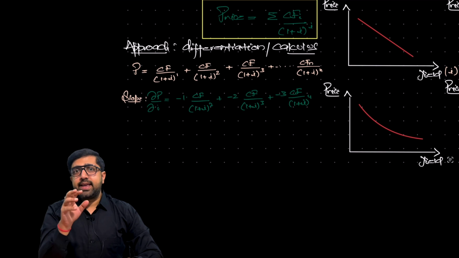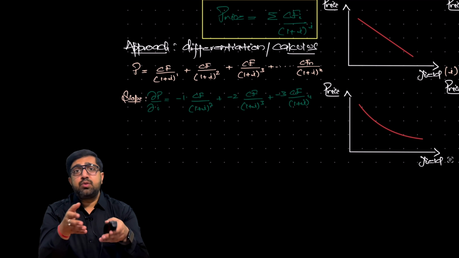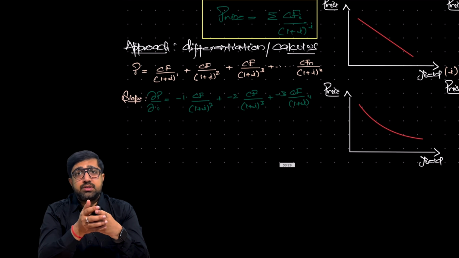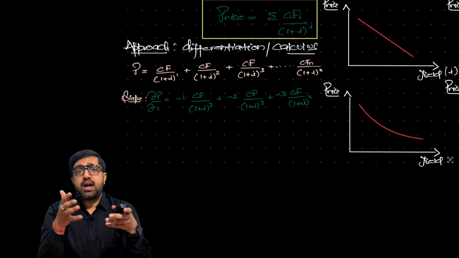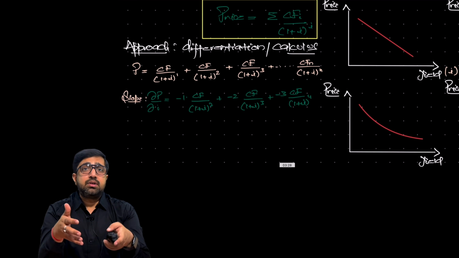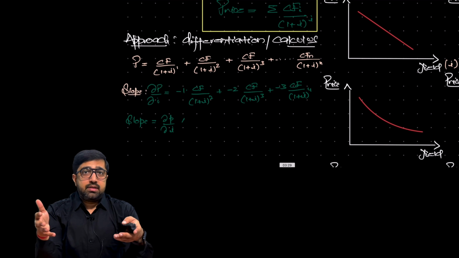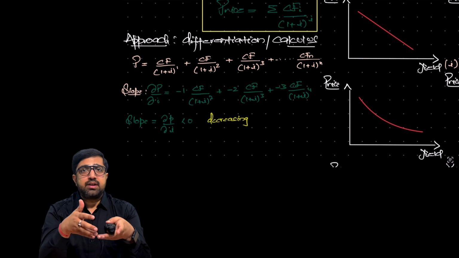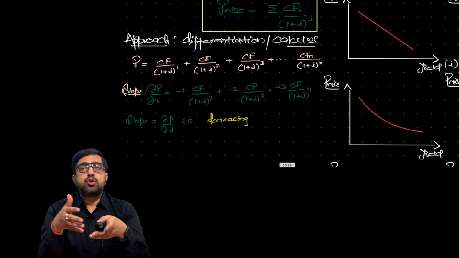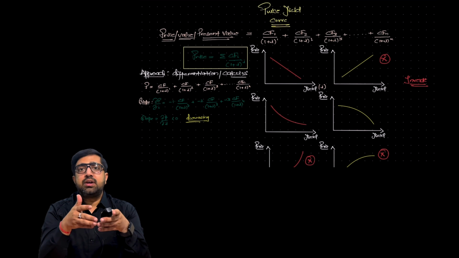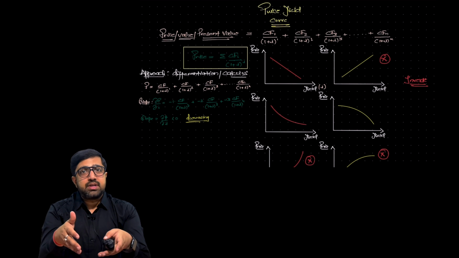If you look carefully, the cash inflow is positive, 1 plus interest rate is positive, and all the coefficients are negative. So the whole differentiation of the price with respect to the yield is negative, which means the slope is negative. So we understood that it is going to be a decreasing graph because the slope is negative.